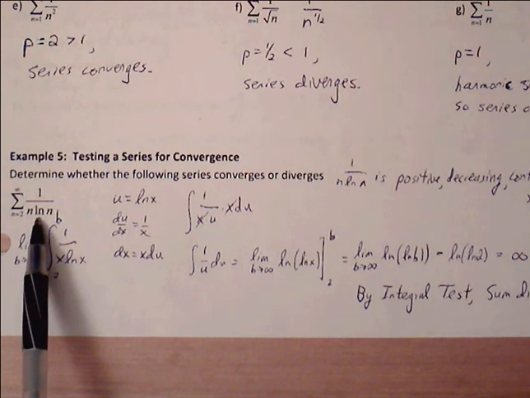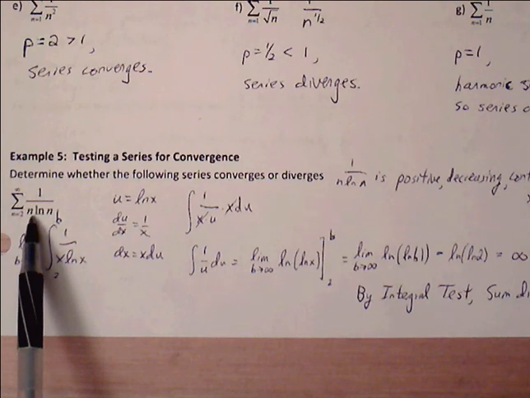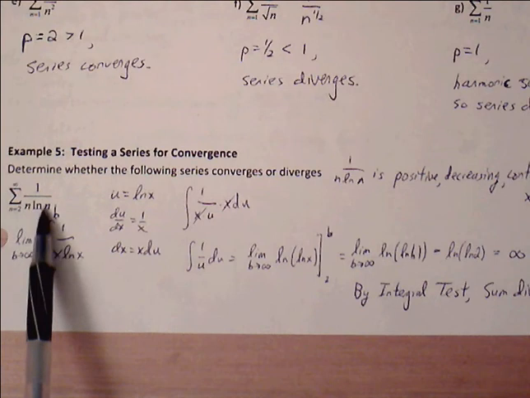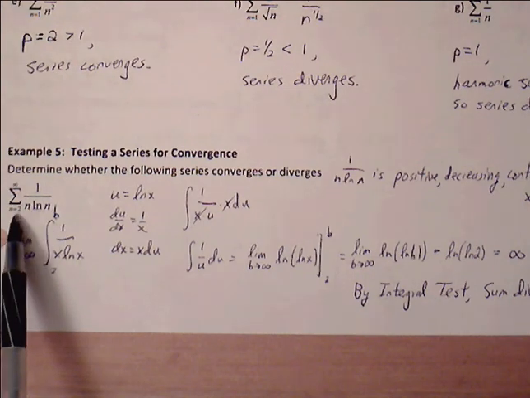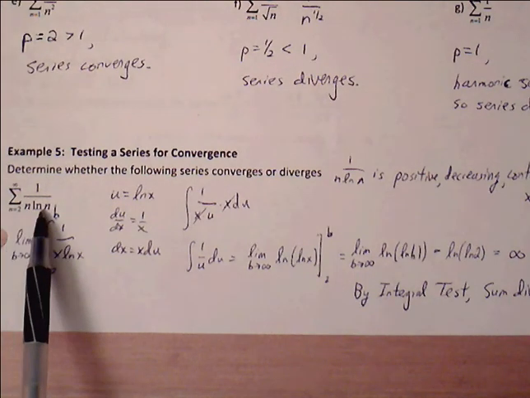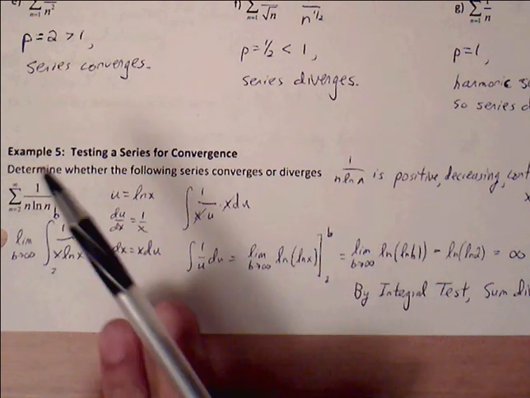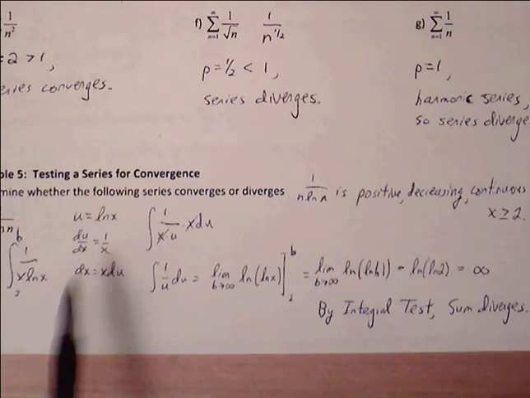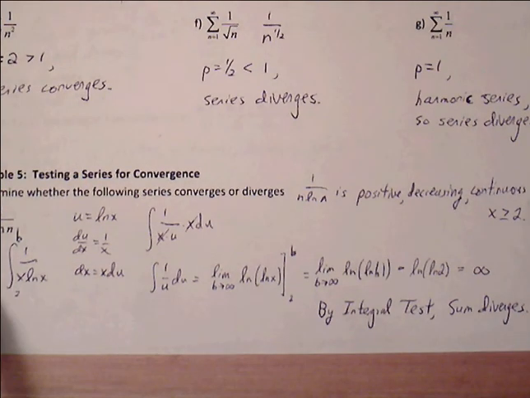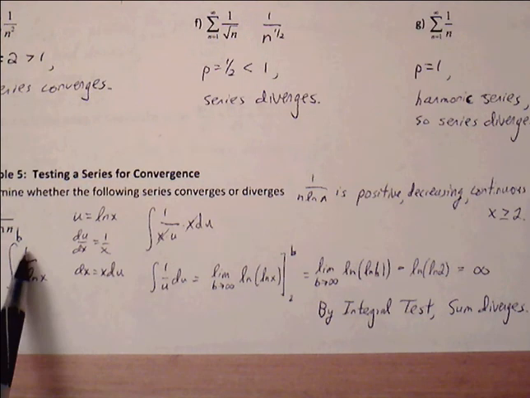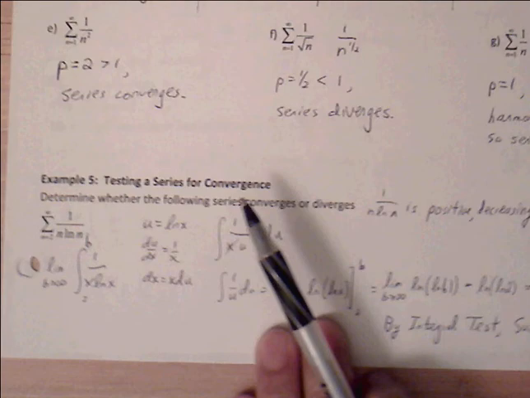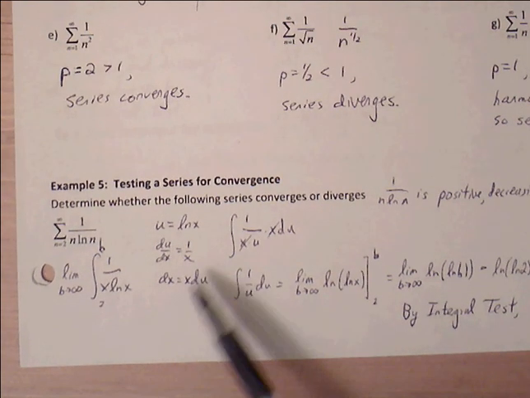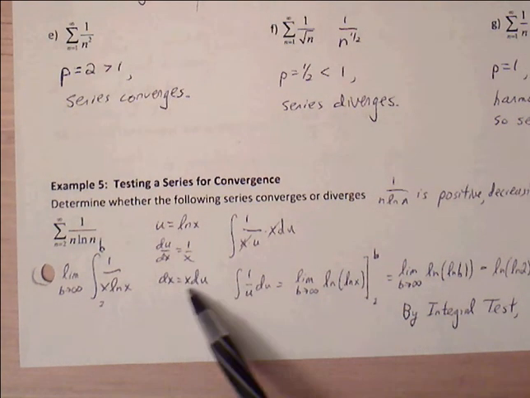With the integral test, we can try this. This is continuous for n greater than 2, and it's always positive. So let's try the integral test. We find the limit as b approaches infinity of the integral from 2 to b of 1 over x ln x. We have to go through u-substitution. We let u be natural log of x. The derivative is 1 over x, so dx equals x du.